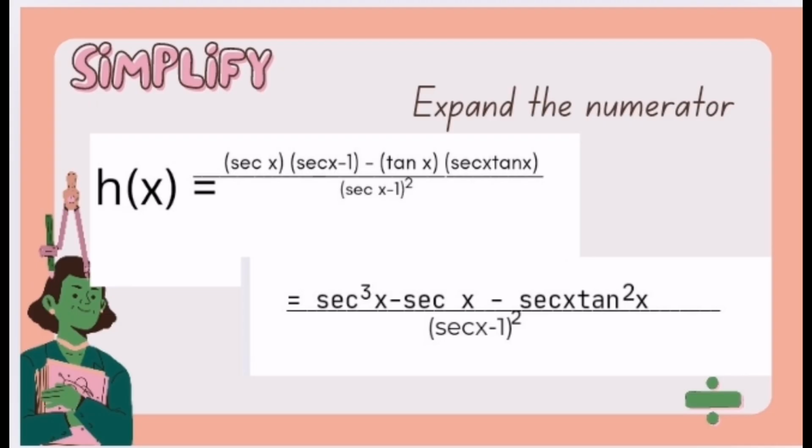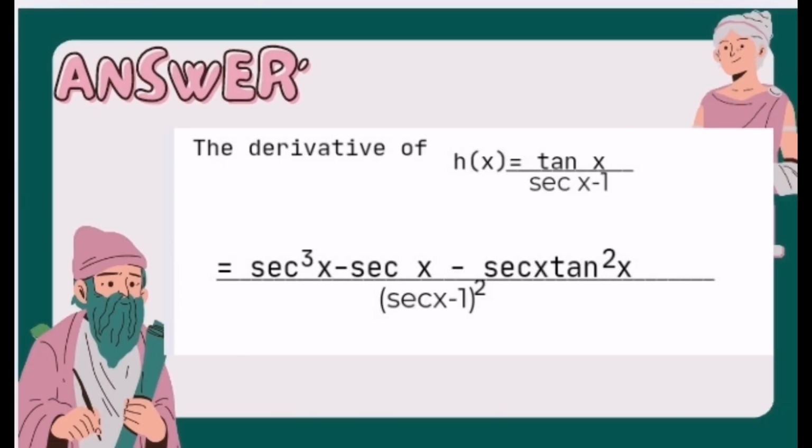These are the steps we followed, and that's the reason why we get this result at the bottom: h of x equals secant cubed x minus secant x minus secant x tangent squared x over the quantity of secant x minus 1.